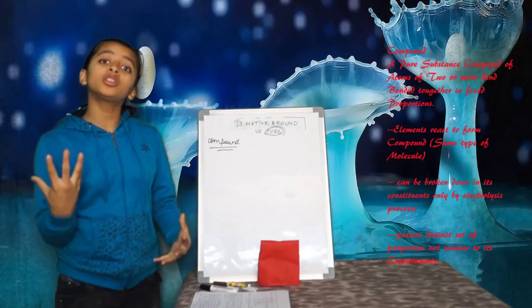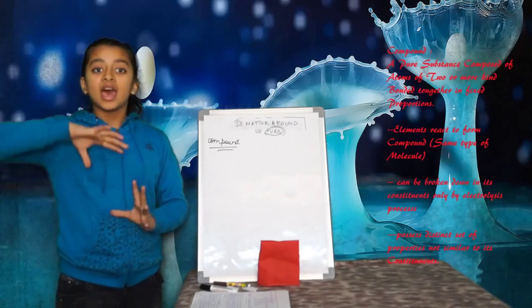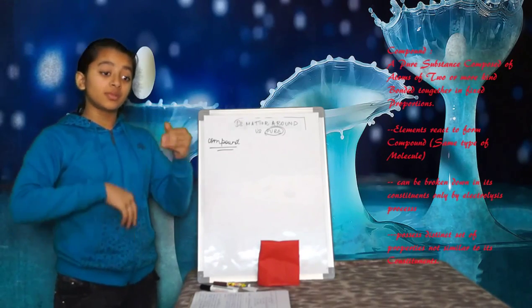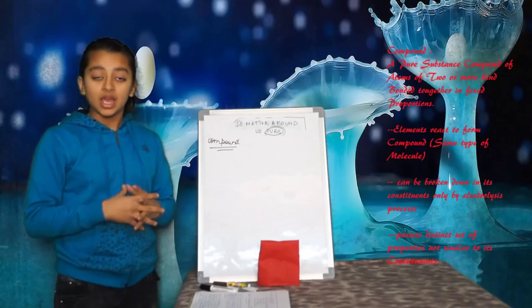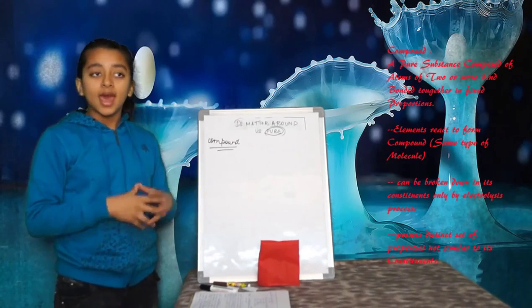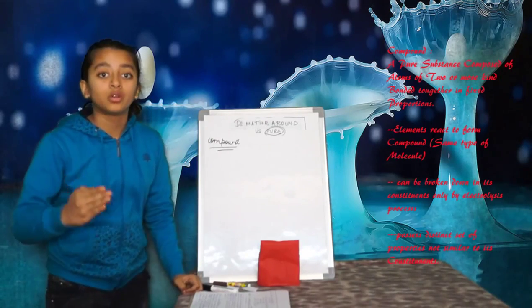They are called pure substances because they are chemically combined, and they show different properties from their constituents, the particles from which they are combined. And whenever you count them, you will count them as one molecule.